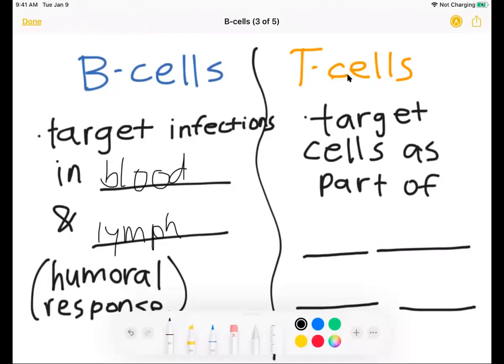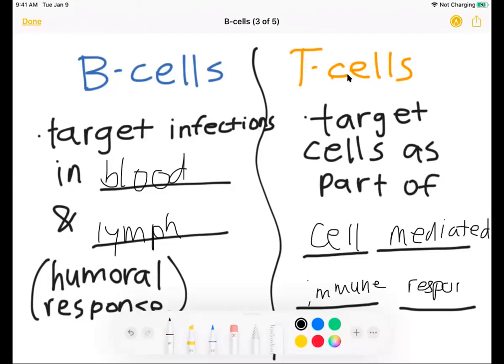And then T cells, they target cells as part of the cell-mediated immune response. So that is a very general overview of the definition for these two. You'll go into a lot more detail with the video that's provided.